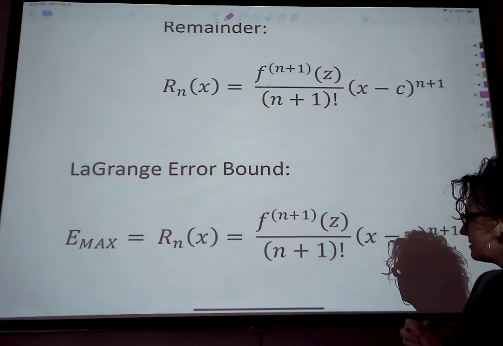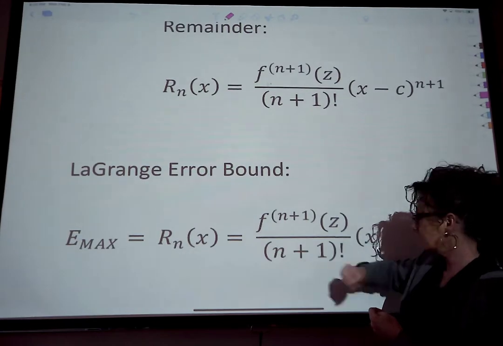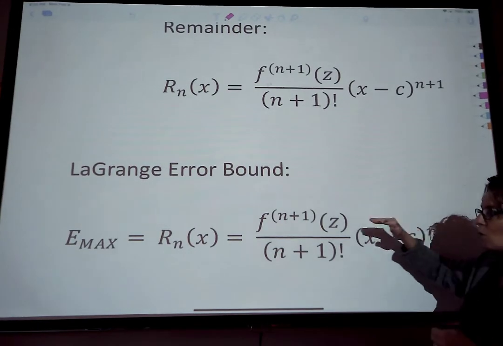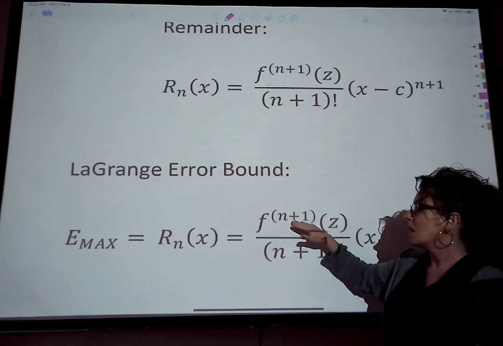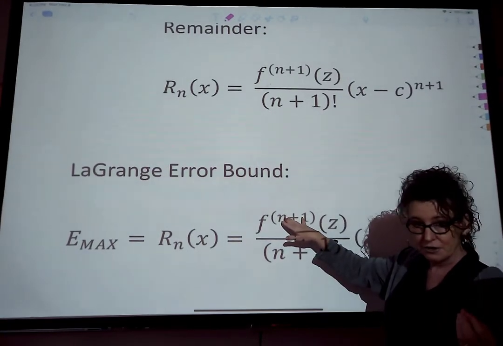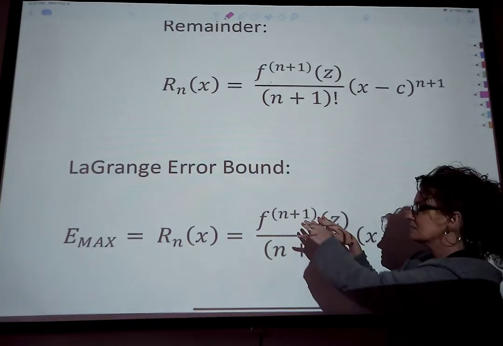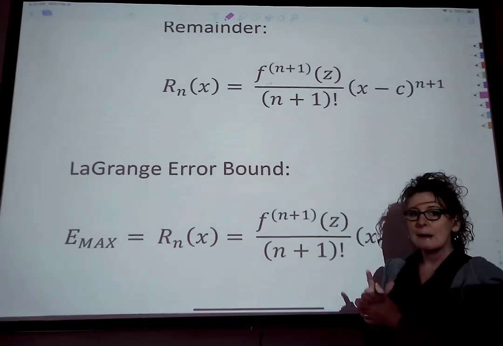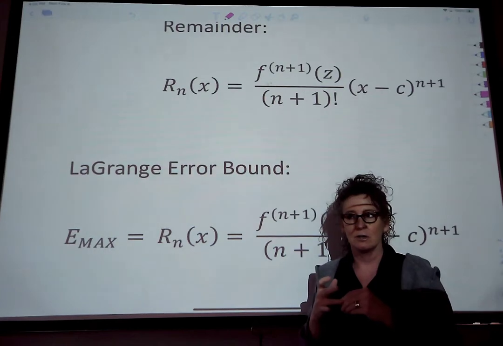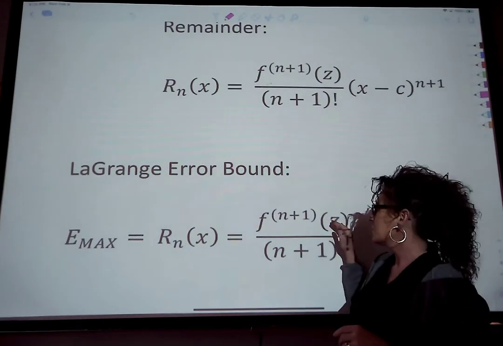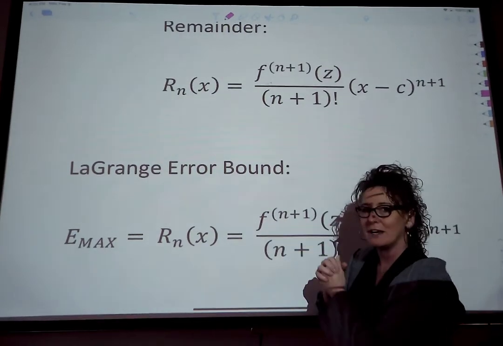The only problem is, we're going to know this. We're not going to know the actual value of the whatever derivative. This is still going to be an unknown. But in every case, we can determine what the largest value of this expression would be.